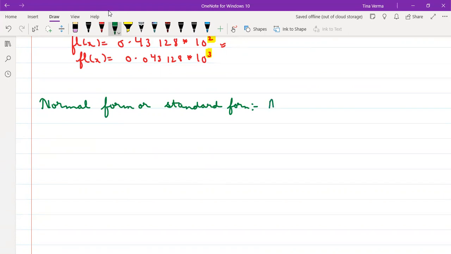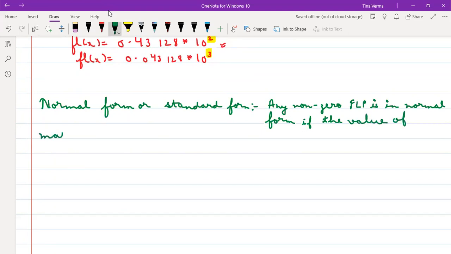Any non-zero floating point number is in normal form if the value of the mantissa lies in the interval -1 to -1 by beta, or 1 by beta to 1.